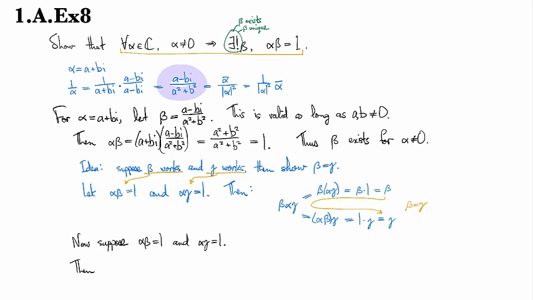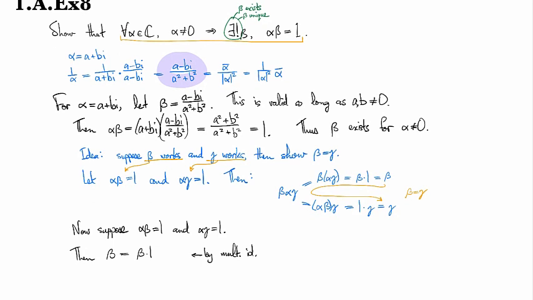Then we have beta equals beta times 1, and that's by the multiplicative identity property of 1. And then that is beta times alpha gamma by hypothesis. We assumed that alpha gamma equals 1.